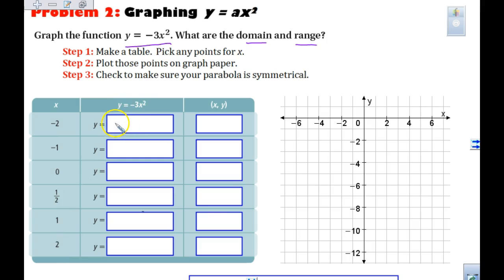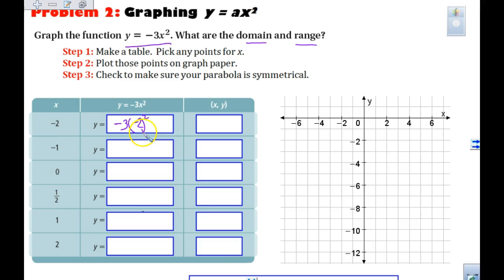When we are showing this work, we are going to take y equals -3 times x, please write this in, -2 squared. When I square negative 2, I end up with what?